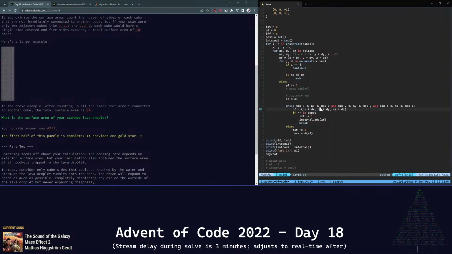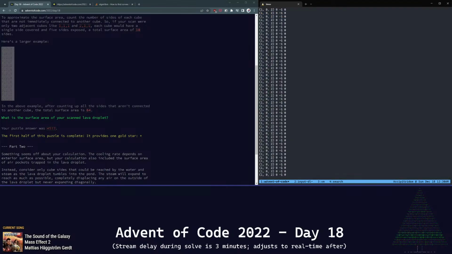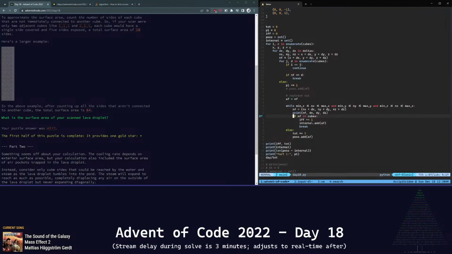So for some reason we're infinite looping here, which seems strange to me because the deltas are... of course.